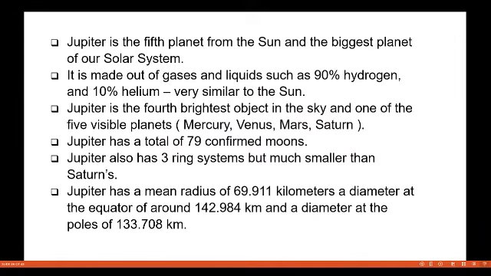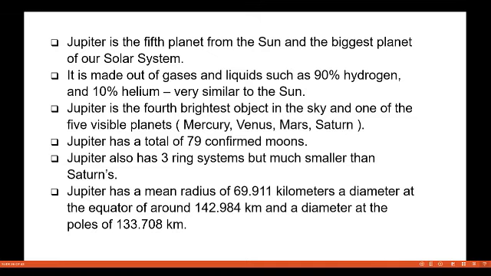Jupiter is the fifth planet from the Sun and the biggest planet in our solar system. It is made out of gases and liquids such as 90% hydrogen and 10% helium, which is similar to our mighty Sun. Jupiter is the fourth brightest object in the sky and one of the five visible planets.